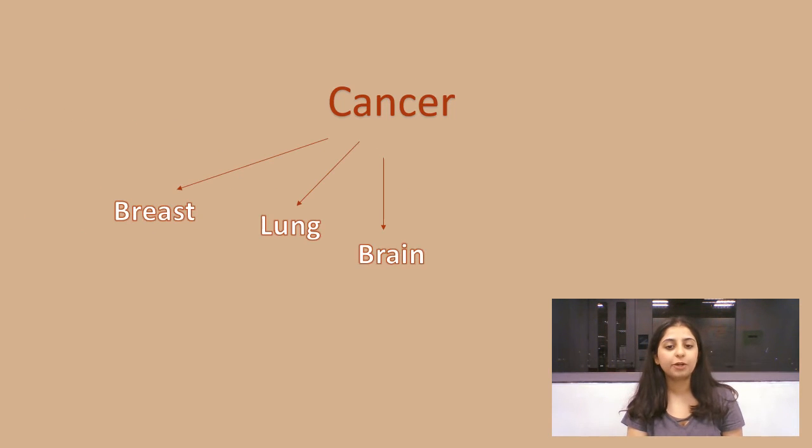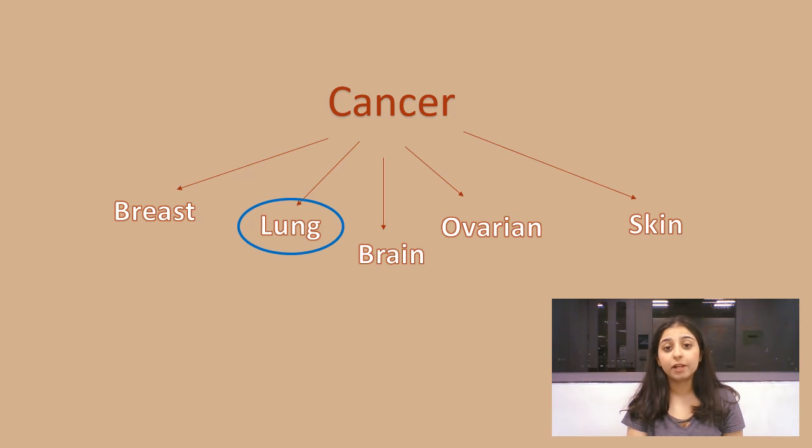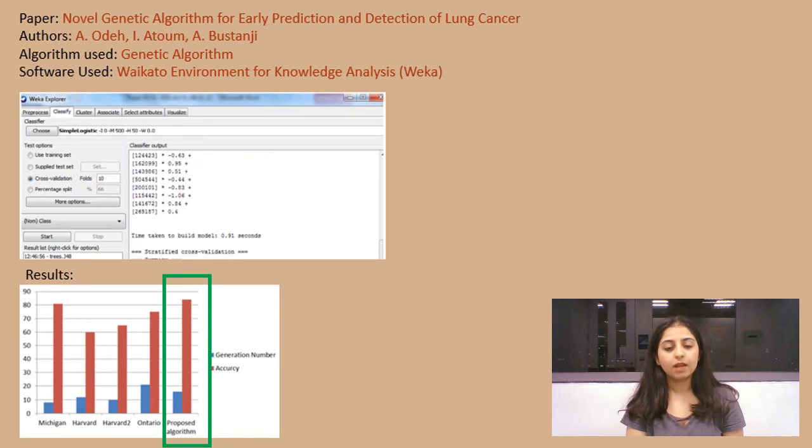A few studies narrowed down the prediction to only a certain type of cancer, specifically lung cancer. Authors Ode, Atom, and Bustanji discuss the need of a system that allows the detection of diseases earlier so as to find appropriate medical treatment or precaution for it.